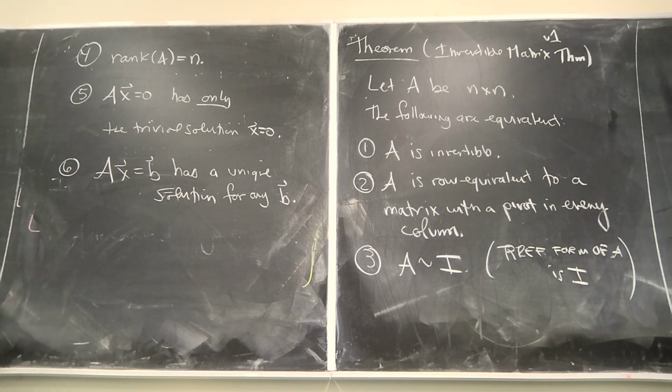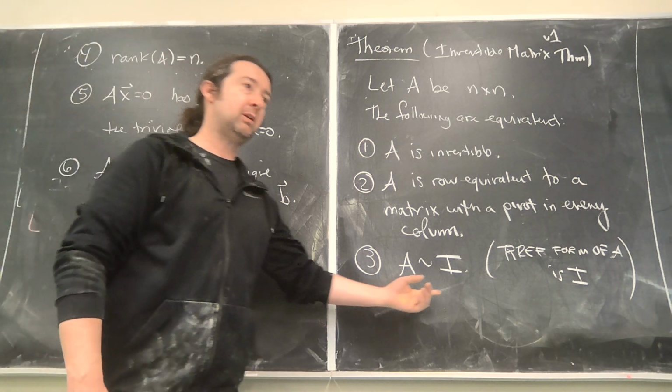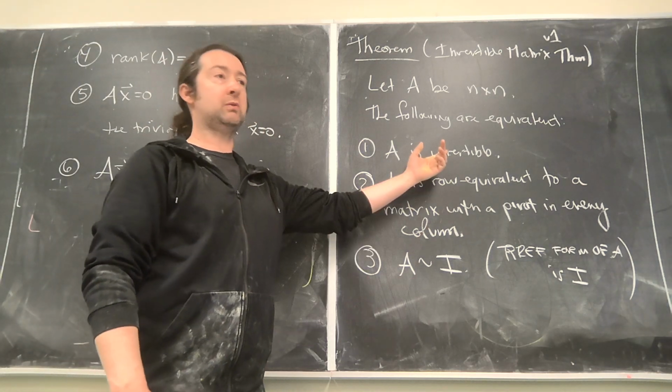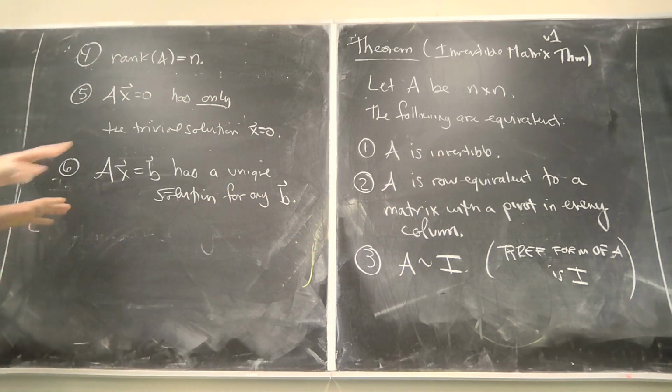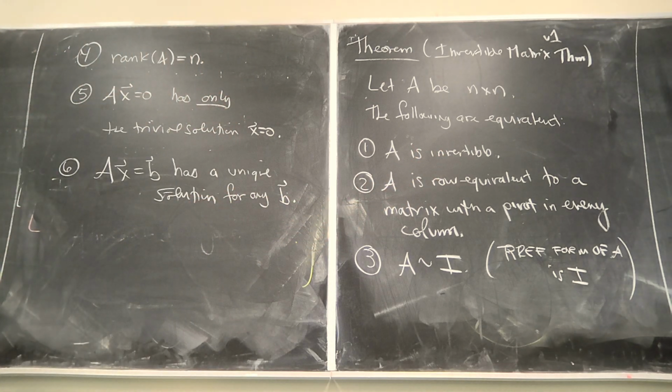If I give you a giant data problem and you want to know whether every piece of data is necessary, one way to check would be to row reduce the matrix to the identity matrix. Or, hey, that matrix is invertible, so all the columns mattered. It gives you a way of moving back and forth between really different kinds of problems.